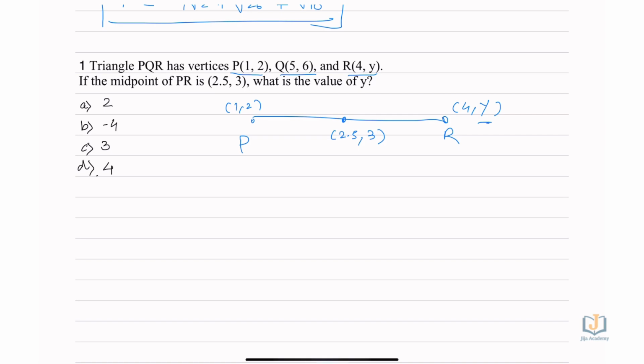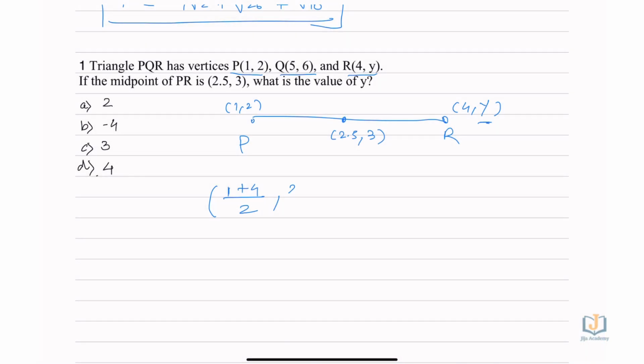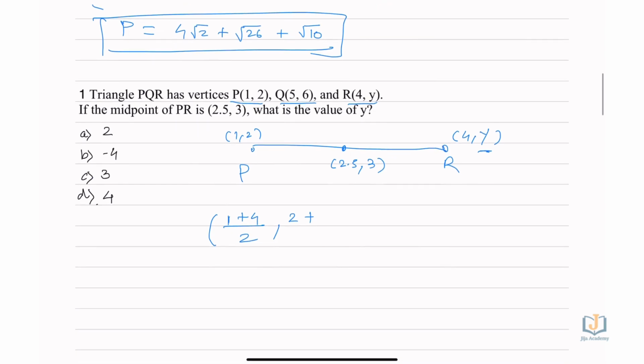So we want to find y. For that we are using the midpoint formula. The midpoint formula is (x1 plus x2) upon 2 and (y1 plus y2) upon 2.